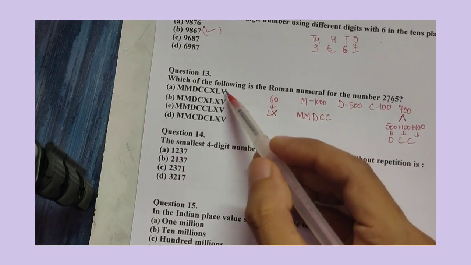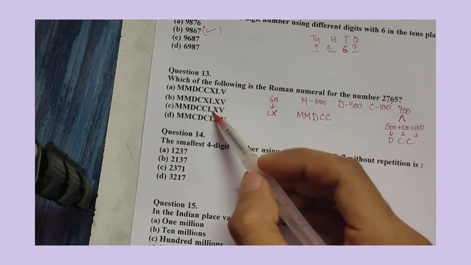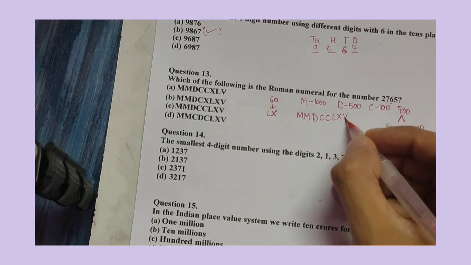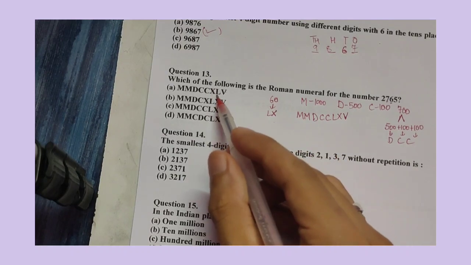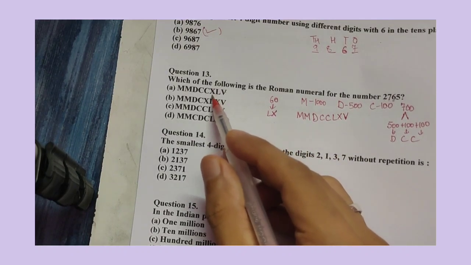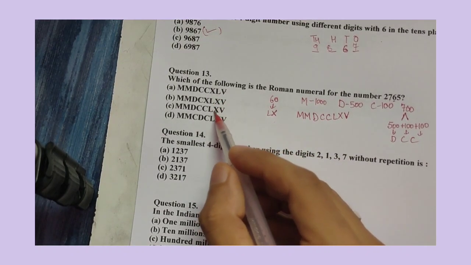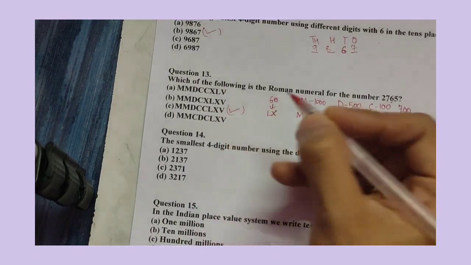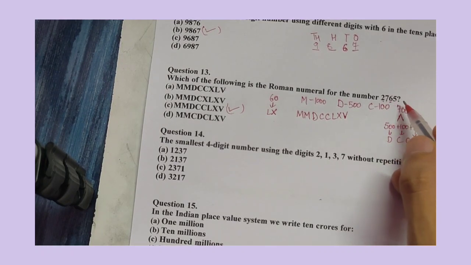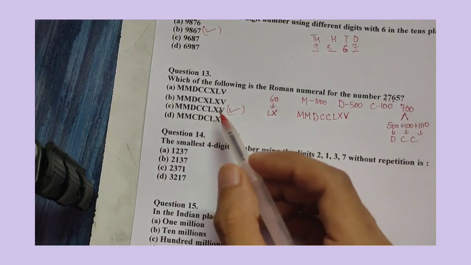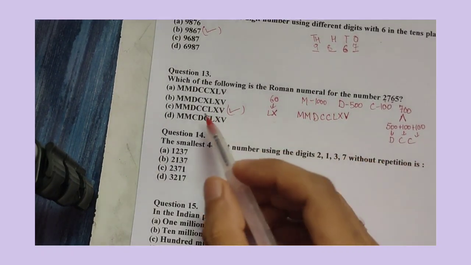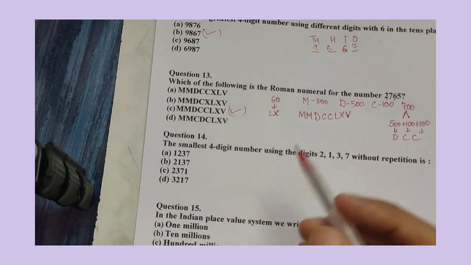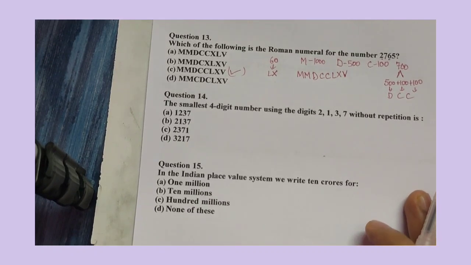In option C, LX is there, and the last one is V. Here XL is there, which represents 40, not 60. But LX represents 60. So option C will be correct for the number 2765 in Roman numerals, which is MMDCCLXV.